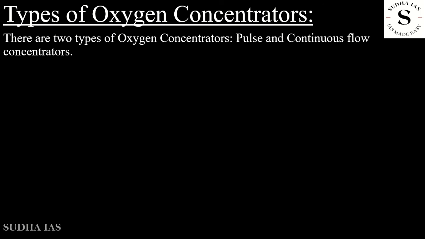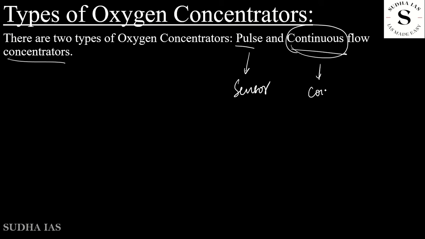Now, we have two different types of oxygen concentrators. One is your pulse oxygen concentrator, whereas the other is your continuous flow concentrator. The pulse concentrators use a sensor to deliver oxygen when a user is about to inhale, whereas a continuous flow oxygen concentrator delivers oxygen at a constant rate.